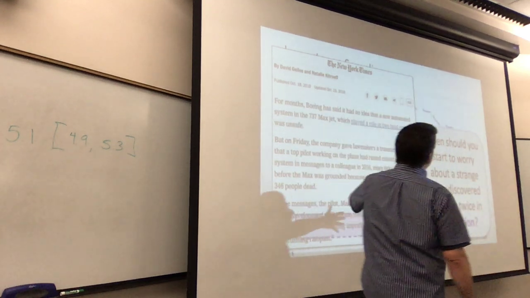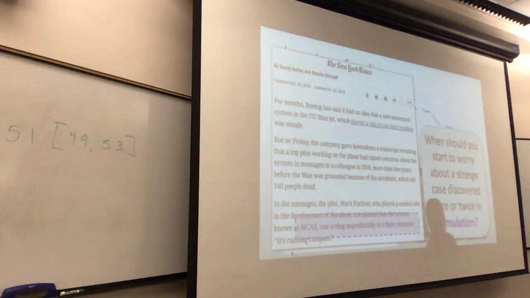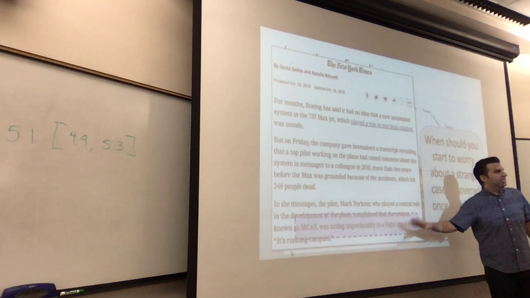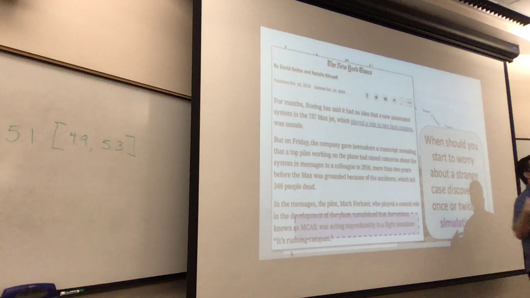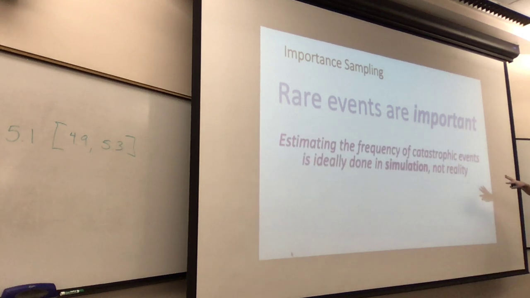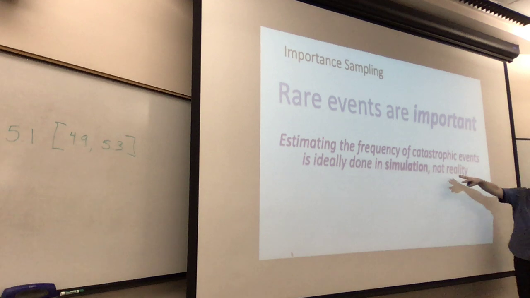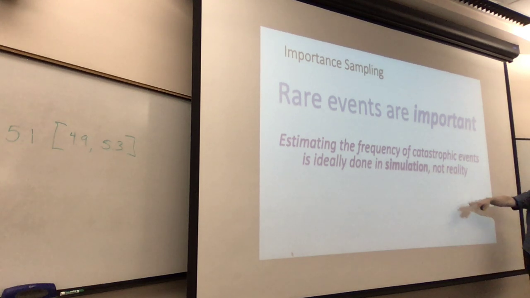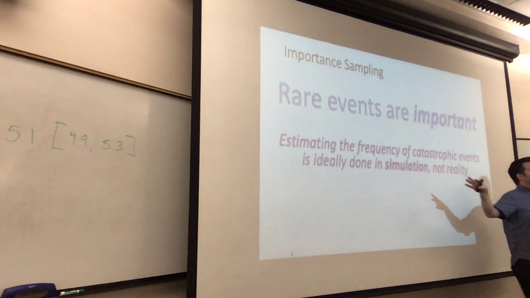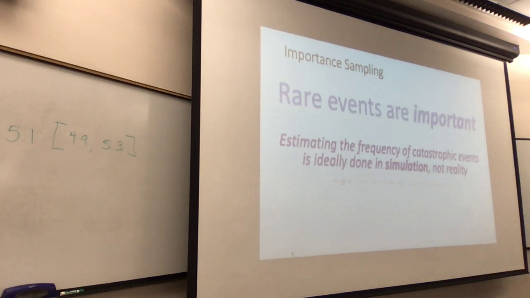That's one of the ways in which importance sampling helps us. Because the problem is that if these really are super rare, it may take lots and lots of simulation runs in order to experience them even once, let alone quantify how often they'll occur. So rare events are important, and estimating their frequency is difficult, even in simulation, but that's ideally where you'd like to do it, because you'd like to not actually experience these events in the real world.